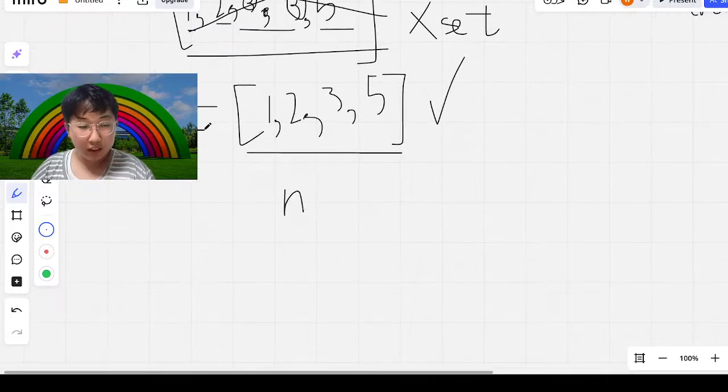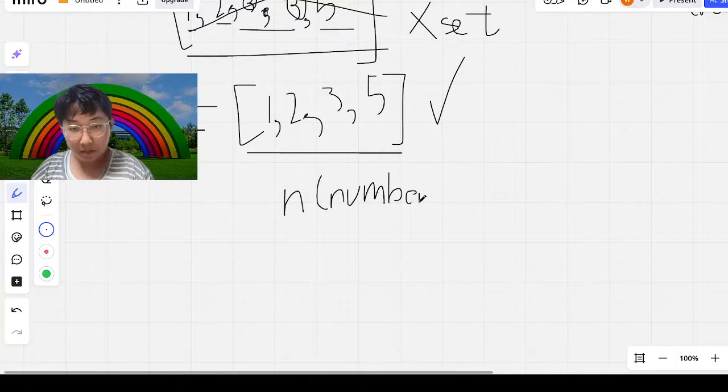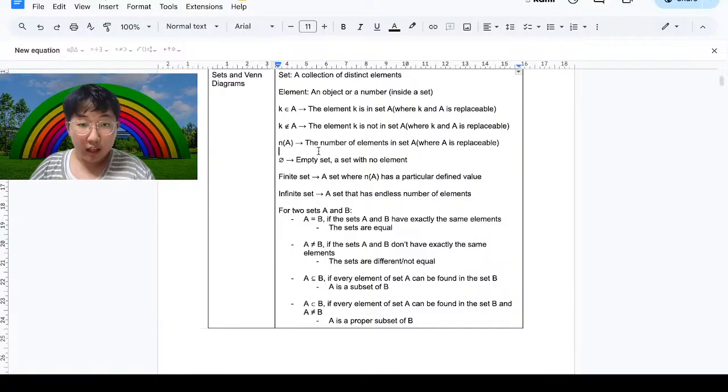Let's say this was a set called number. The number of elements in here, let's count it: 1, 2, 3, and there are 4 elements. So the number of elements in the set number is 4.